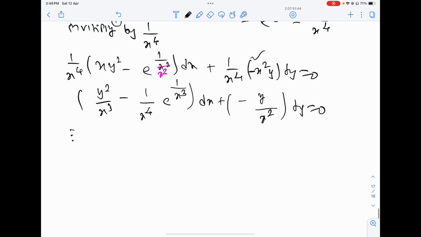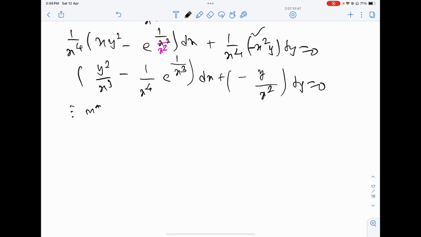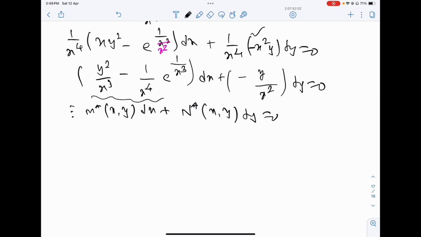So this is our M star (function of x and y) dx plus N star dy equal to 0. And this one is our M, and this is N.